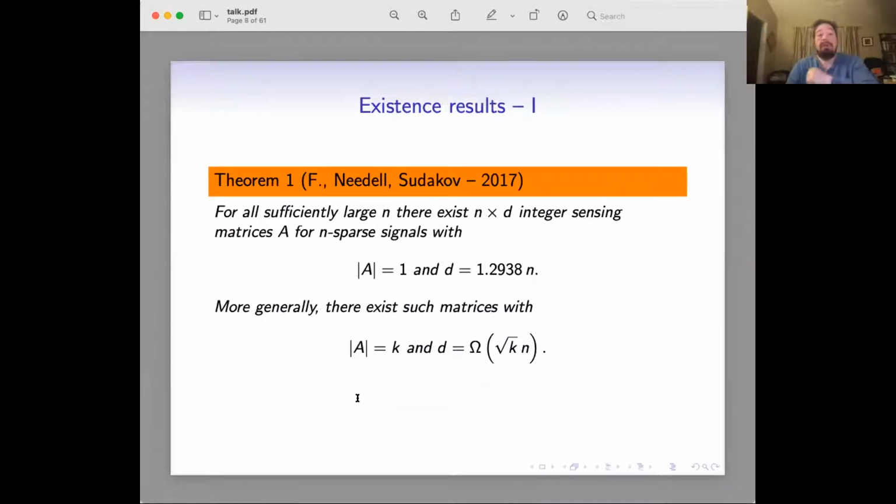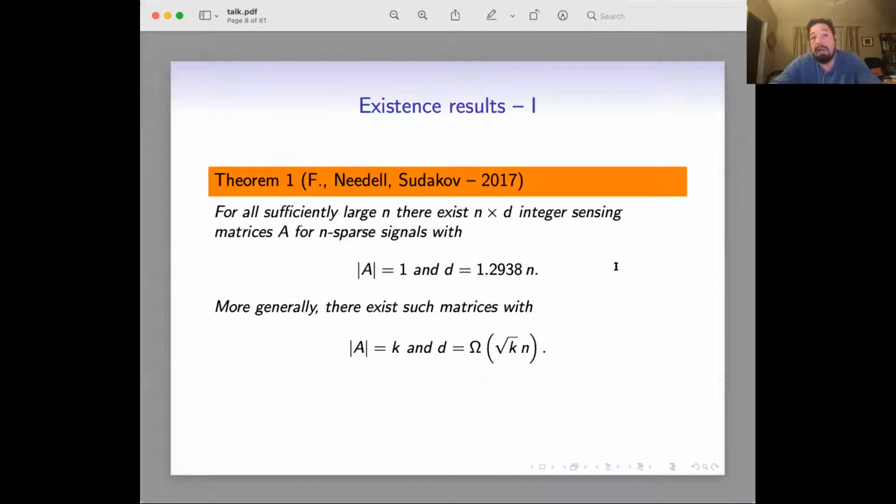Well, here's the first theorem in this direction that I'd like to show you. This is joint work with Deanna Needell and Lenny Sudakov back in 2017. For all sufficiently large n, we can prove that there exist n by d integer sensing matrices for n-sparse signals, so in this case L, the sparsity level, is actually all the way up to n, with the following property: the sup norm of A is equal to 1.